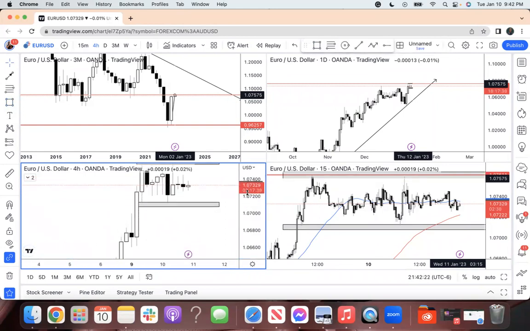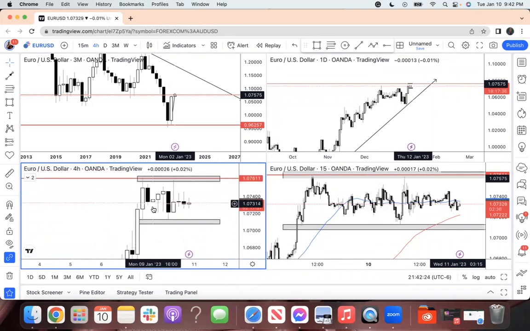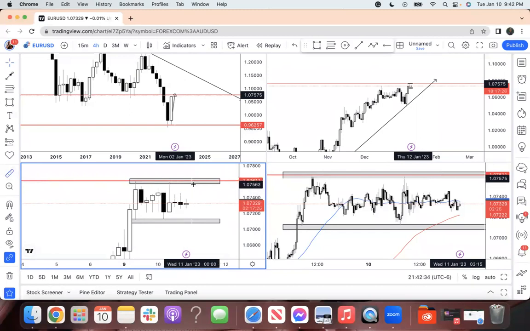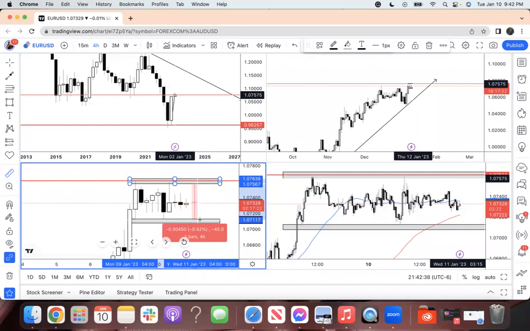This is considered to be consolidation or a ranging market. You can definitely make money inside of a ranging market. If we take our measurement tool, we can see what this range is. This is about a 45 pip range.